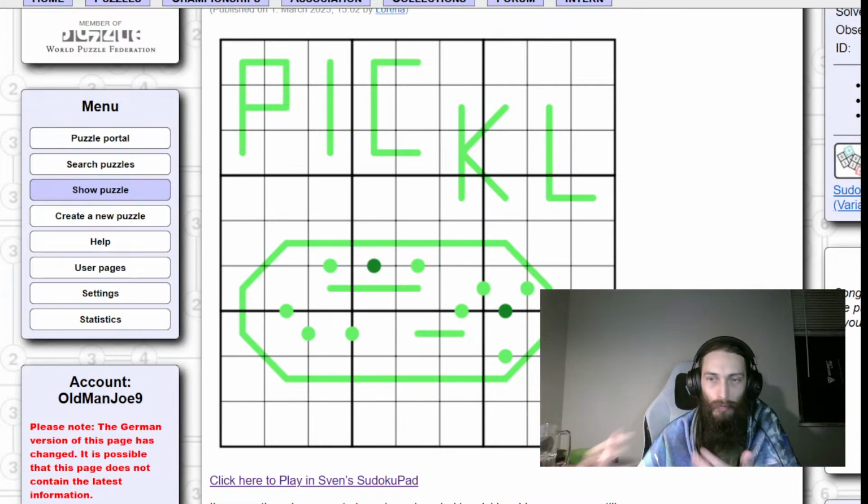Which I think German whispers tend to be a little bit difficult, but I don't know about this puzzle. I don't know. I'm gonna go with very easy.